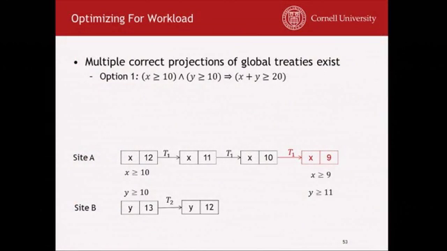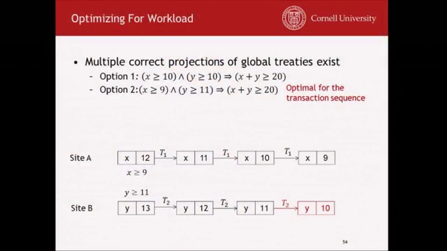Of course, there are multiple possible ways of projecting a global treaty into a set of local treaties. If you assume that you know something about the workload, for example that transaction T1 is more frequent than the other transaction, then you can find an optimal projection, one which is least likely to be violated.